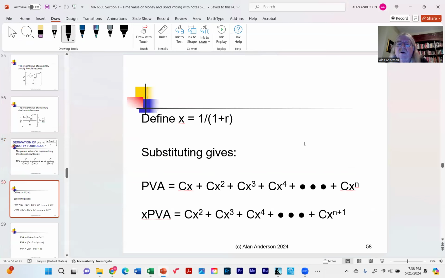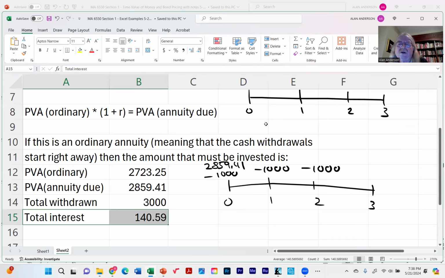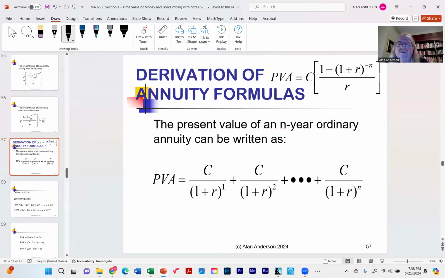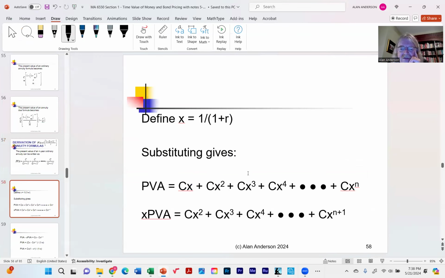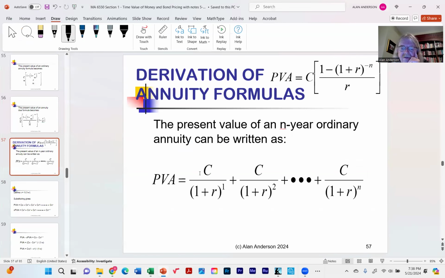So what you're going to do is replace 1 over 1 plus r with x. Okay, and again, this is just to make it easier to see what you're doing. And so that turns this expression into this. Okay, in other words, if you rewrote this, it might be a little easier to see it.